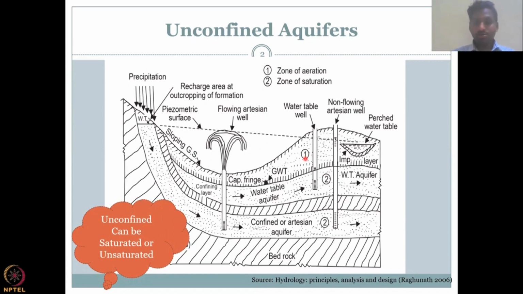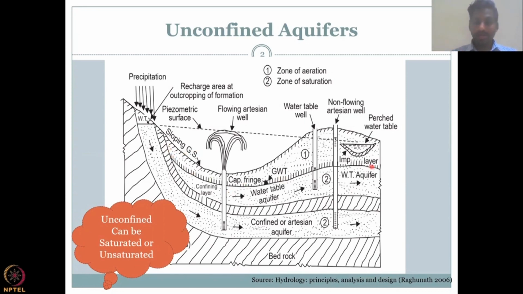And we understood that the unconfined aquifer is the aquifer above the permeable layer; below the permeable layer it is called confined, above the permeable layer it is called unconfined aquifer. There can also be a saturated zone, which is full of water in the pore space, with no air or negligible air, and that part is characterized by an imaginary water table line.